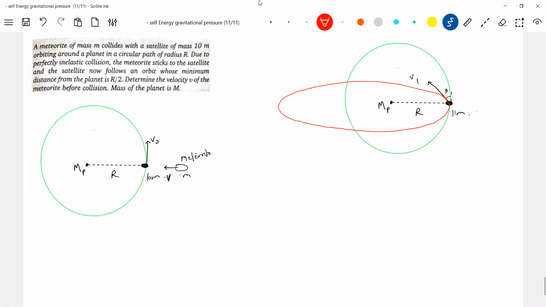Okay, this is something smaller. Yes, r/2, so it should be like this.